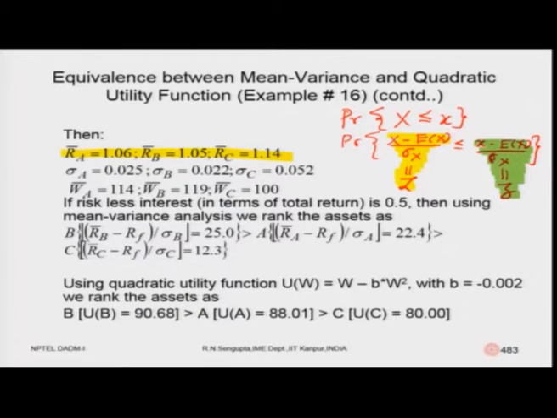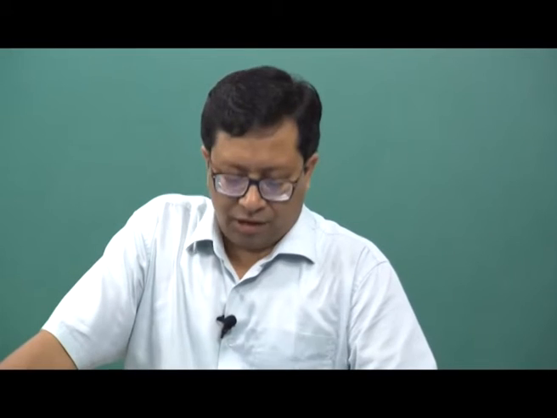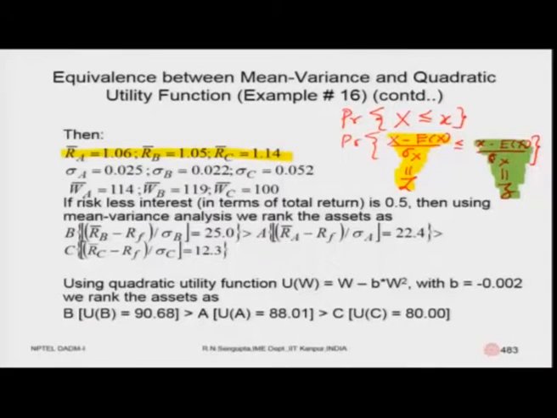Now, let us stop here and go back to utilizing the quadratic utility function, because I mentioned that the quadratic utility function and normal distributions based on the returns are equivalent. So, let us take the quadratic utility function W minus bW squared with b as 0.002, plug in the values, and solve them.